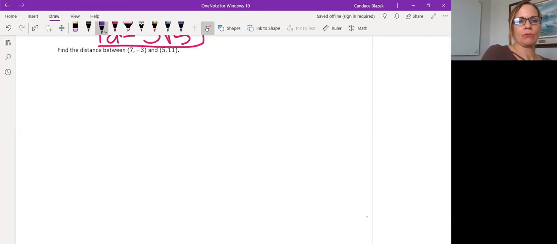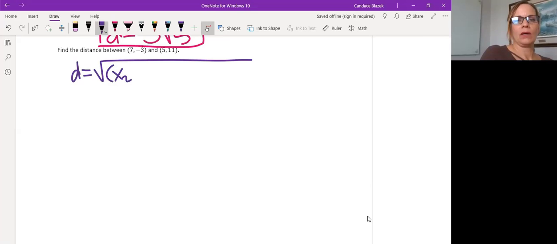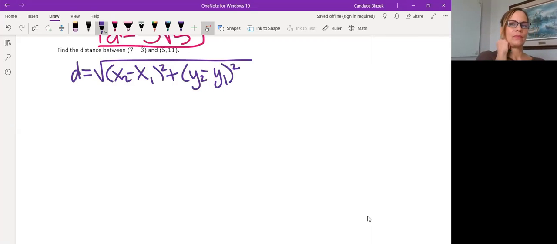I'm going to start by writing down the formula, so we have something to reference as we fill in all of our variables. Distance is equal to the square root of the quantity x2 minus x1 squared plus the quantity y2 minus y1 squared.